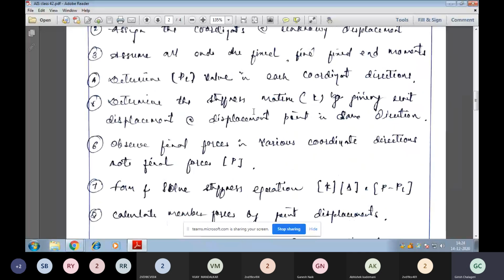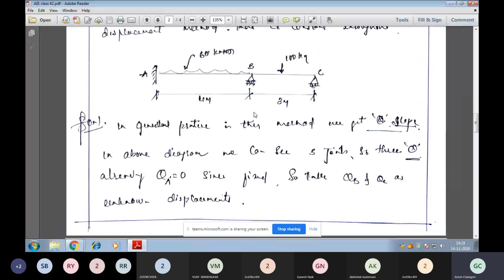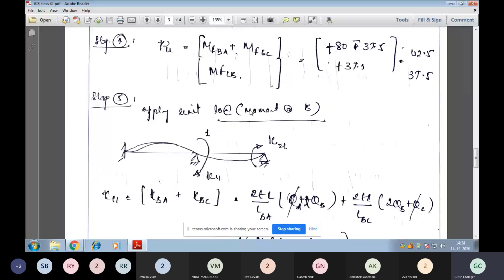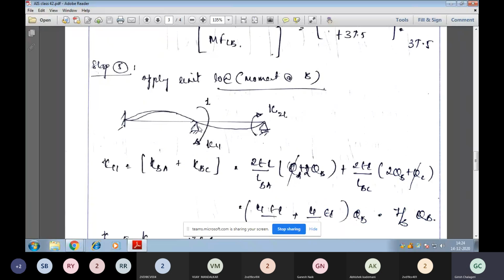Next is to determine the stiffness matrix. Now the real picture comes here. So the first coordinate is at B and the second coordinate is at C. We are applying a unit moment at B point, that is 1 unit rotation at B point. It will be free to rotate. So we are finding the stiffness of the member at joint B, which will be K11, and that at C will be K21.